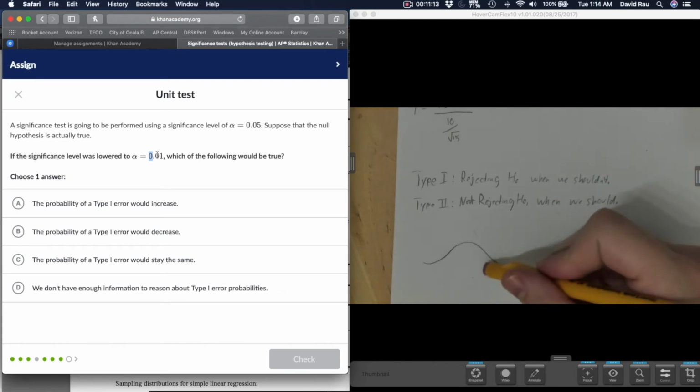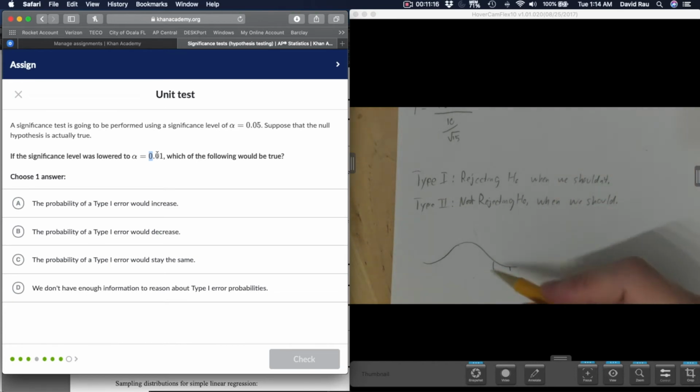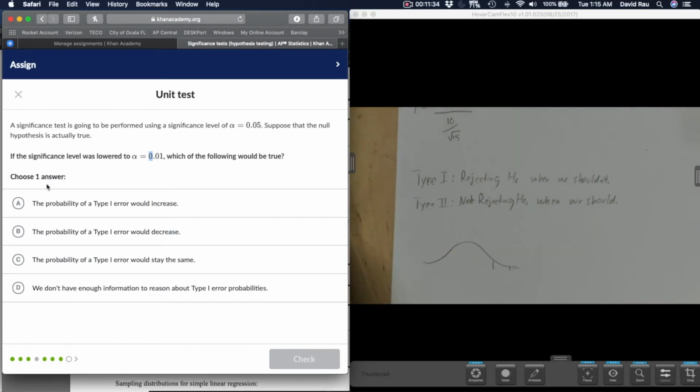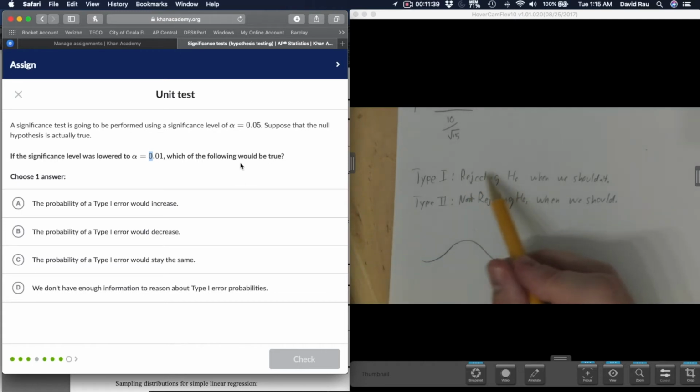So if you make alpha 0.01, you're only going to reject if you get a very rare result, which means you're only going to reject H0 with more likelihood that it actually wasn't true. In other words, if you find something so rare, it probably didn't happen by chance. So if you actually lower alpha to 0.01, you're making it less likely that you'll reject H0.